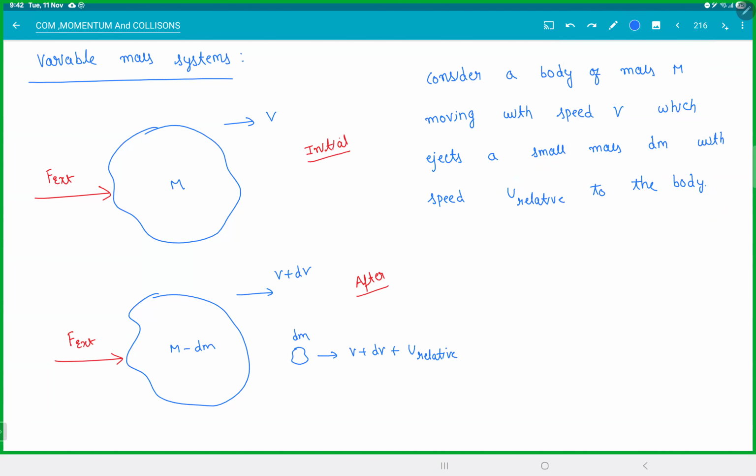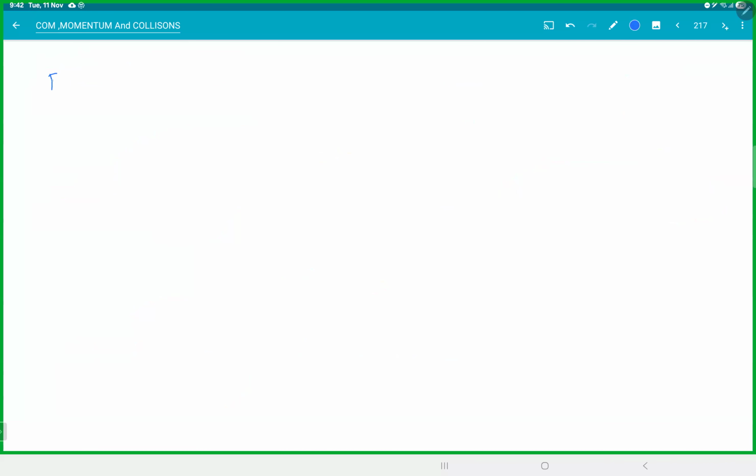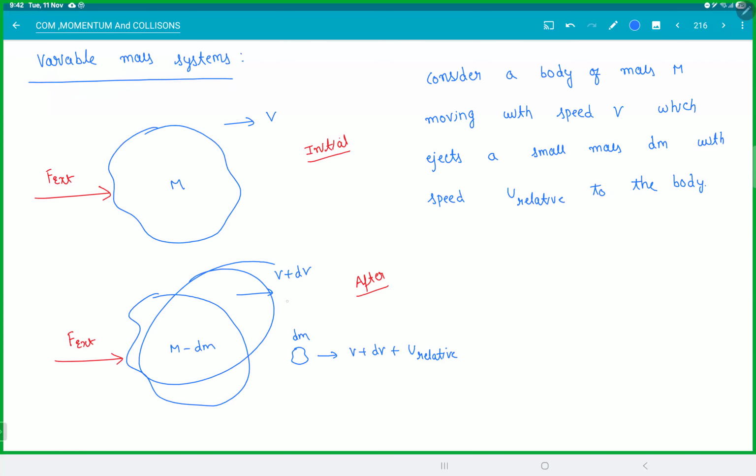Then we use Newton's second law. What is Newton's second law? Force is proportional to rate of change of momentum. F external is dp by dt, which is p final minus p initial by dt. So p final here is the body plus the particle.